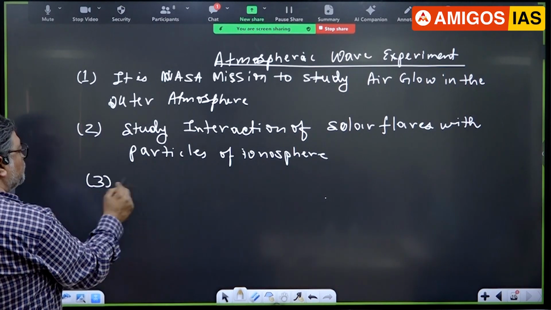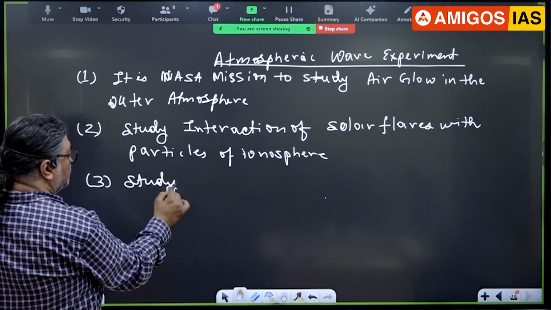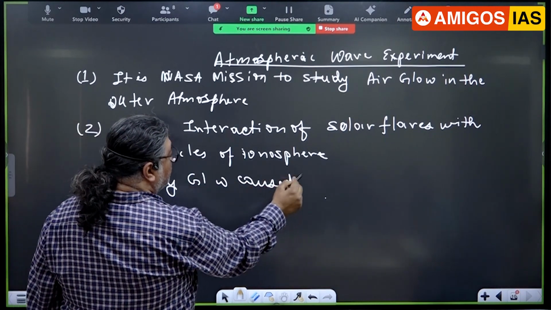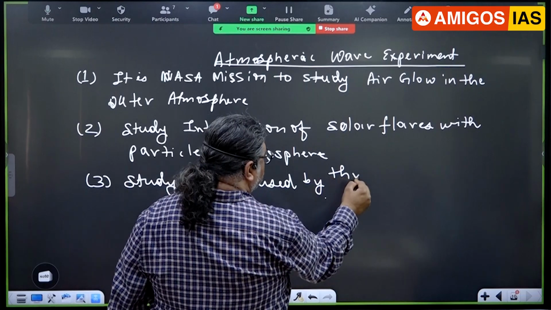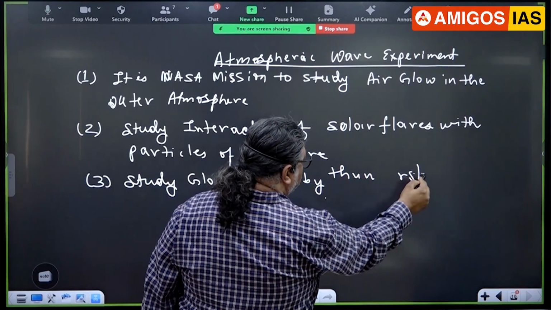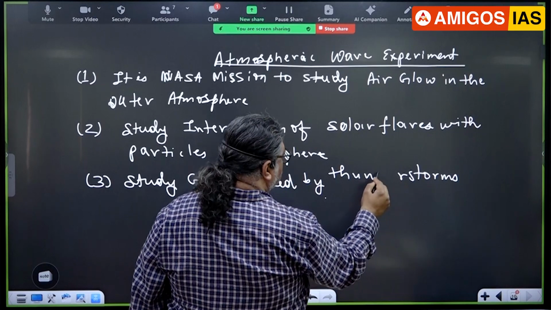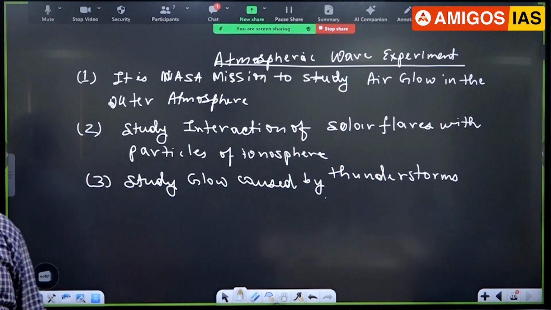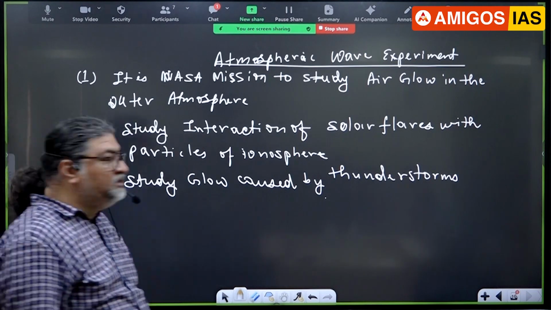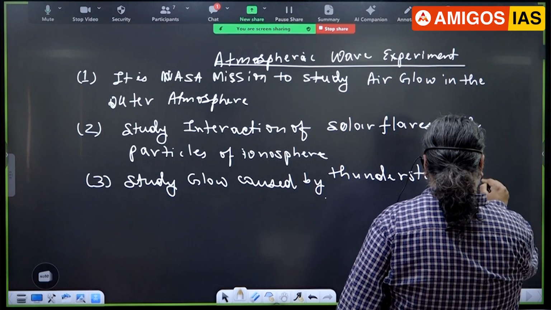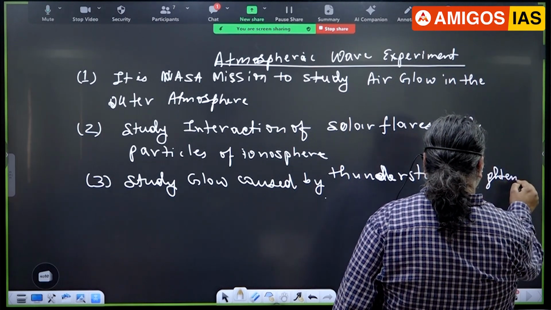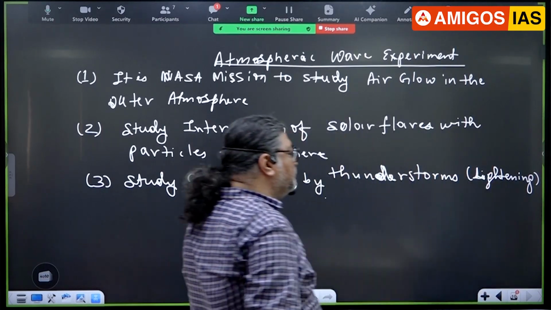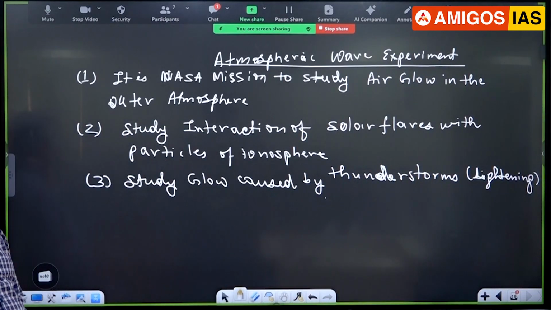Now it also studies glow caused by thunderstorm. Right? Sometimes thunderstorms and all, we have a lightning in the sky. You have seen that lightning there. So that again it can study those kind of interaction. It can study such kind of interaction there. Right? This is just to keep it that.